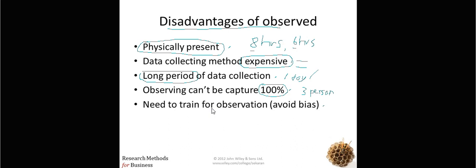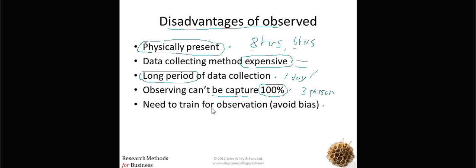Maybe memori kita tak cukup ataupun kita sukar nak dapat capture. Kecuali kita pakai kamera lah, kamera and ada solution. But kalau by visual, by guna stay at one place to do the visual, jadi dia agak cannot capture 100%.